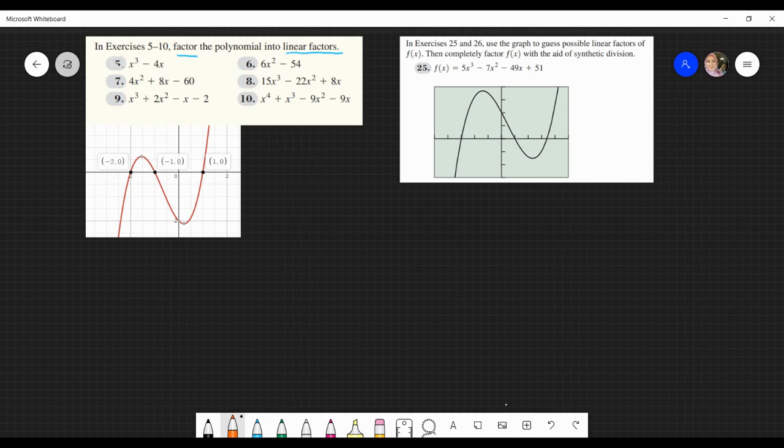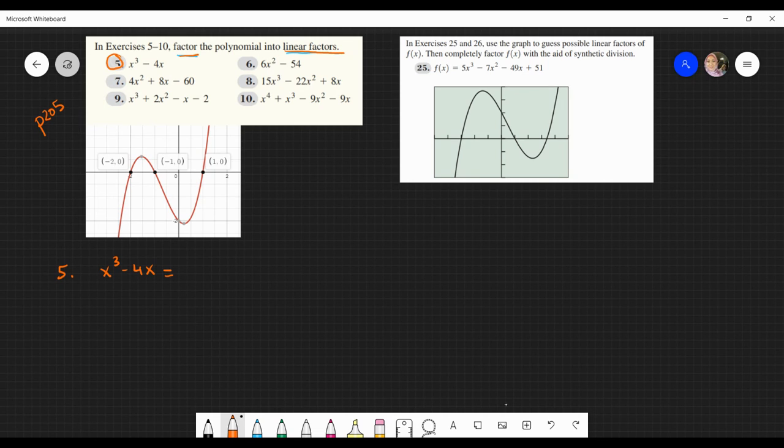And number 5, we're still working in section 2.4, and this is page 205, and this is the quick review section. And number 5 says factor the polynomial into its linear factors. So if we take number 5, it's a cubic polynomial. The first thing I should think about when I want to factor is, is there a common factor?